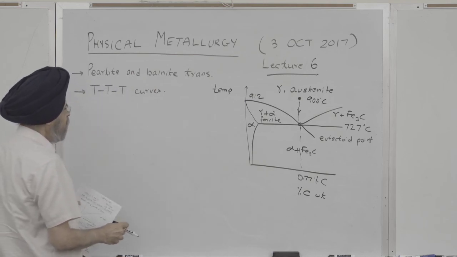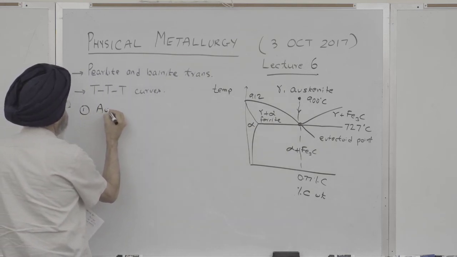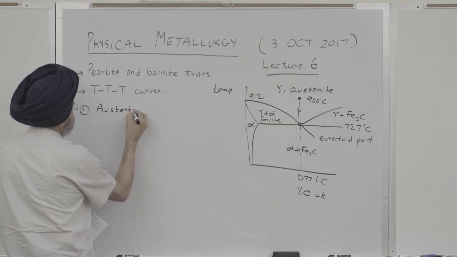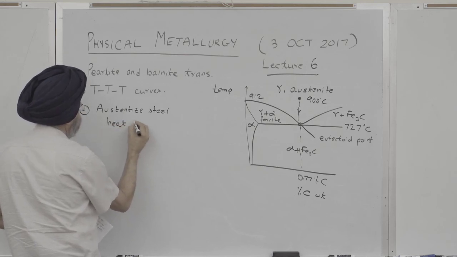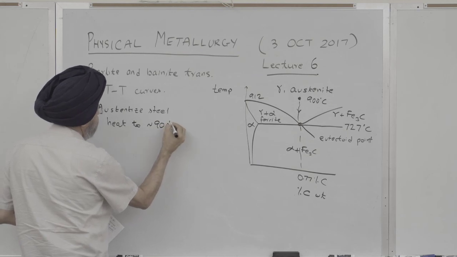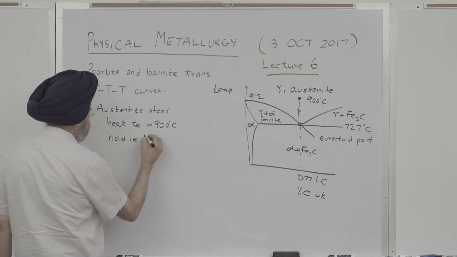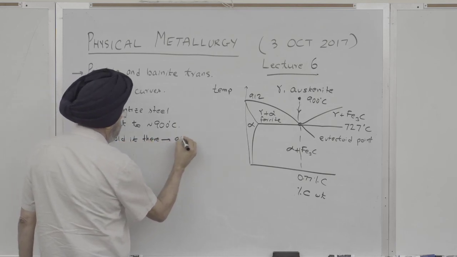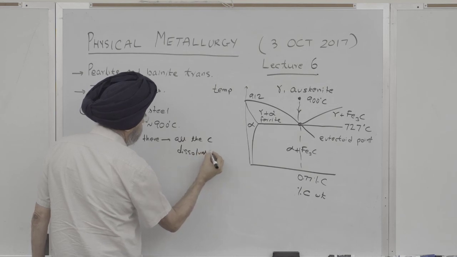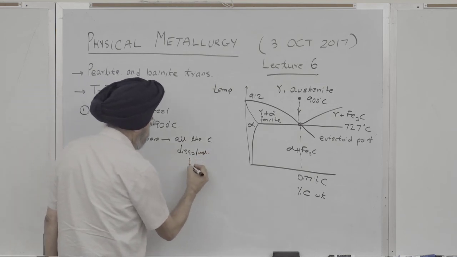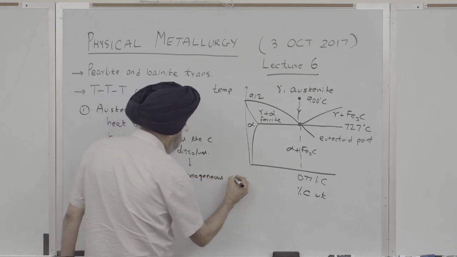So the first step is we austenitize the steel, which means we heat to about 900 degrees centigrade, and then we hold it there so that all the carbon dissolves in the steel, and what you end up with is homogeneous austenite.